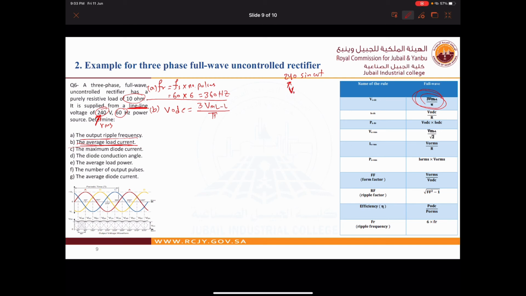This is very important, guys. I explained this in the introduction video. If I give you 240 like this only, without sine and omega t, it should be V RMS. Okay?